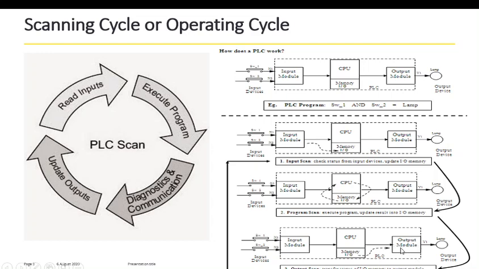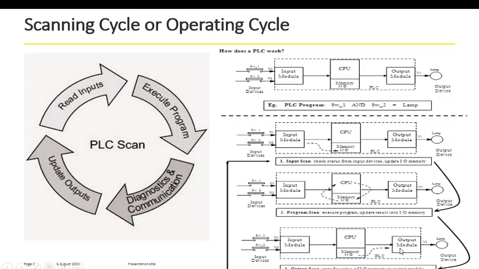Based on the output status in the output memory, the output module will do the actuation. It will turn on a lamp, fan, or any kind of device. The output module takes care of the conversion of the signal from one form to another.